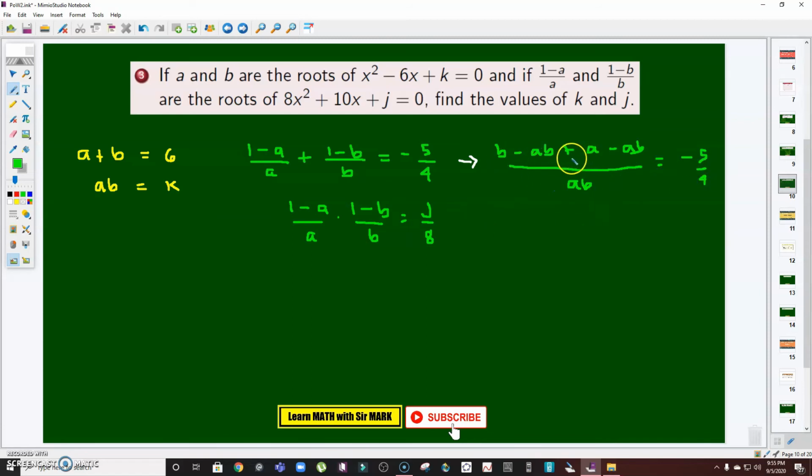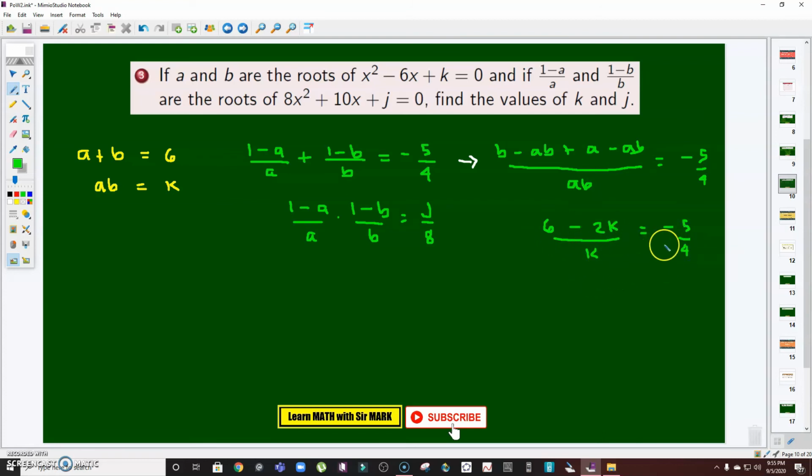But take note, I can combine like terms. a plus b, I already have that value. That is 6. a plus b, minus 2ab. But ab is k, so I'll just write this as k. Clear? All over ab, which is the same as k, equals negative 5 over 4.